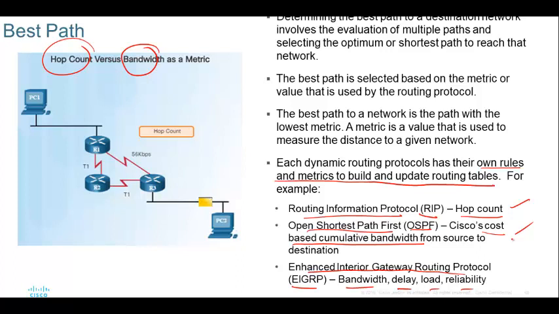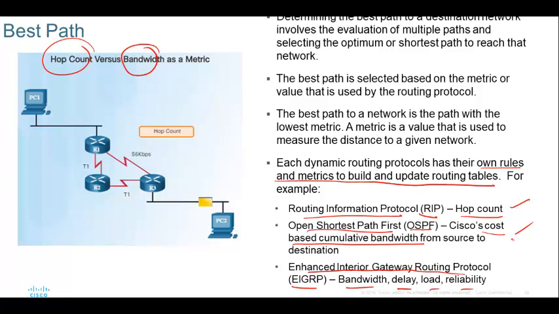You understand why we have more than one routing protocol? You can pick what you like. Every protocol has got its own rules and metrics. Whichever you like, if you like OSPF rules and metrics, pick OSPF. If you like RIP rules and metrics, pick RIP. Do you understand why we have more than one routing protocol?